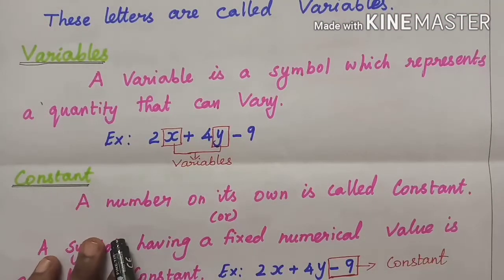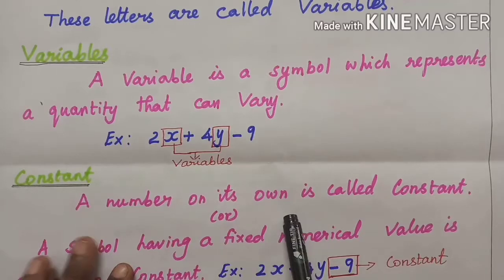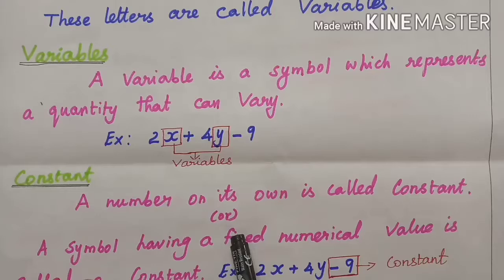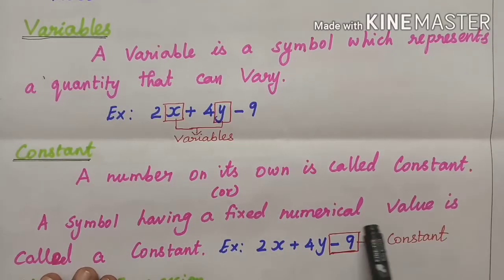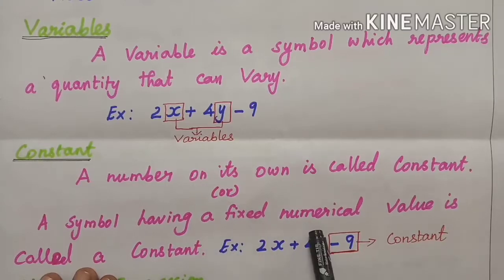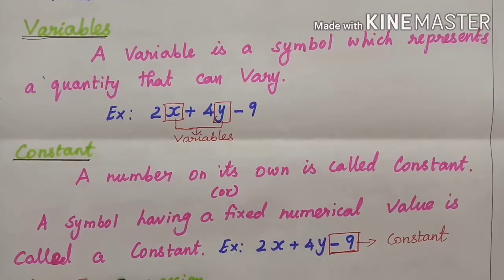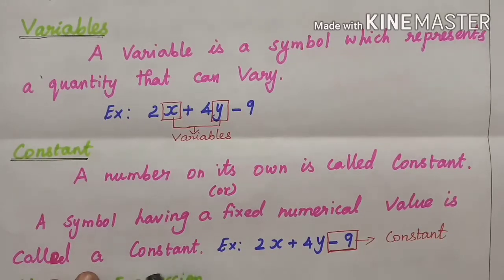Constant means a number on its own is called a constant. A number on its own. That means a symbol having a fixed numerical value is called a constant. So except the variables x and y, the term which contains only a number is called a constant.